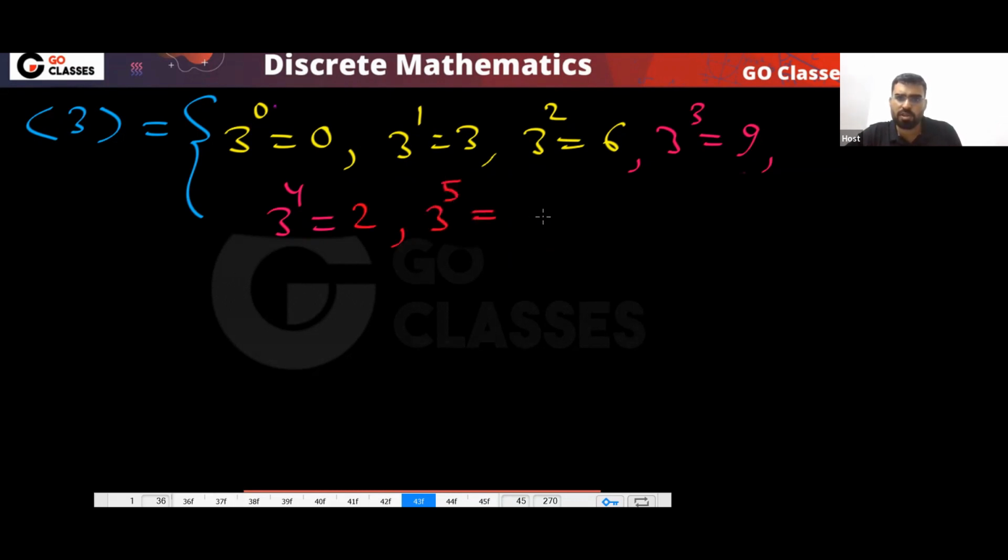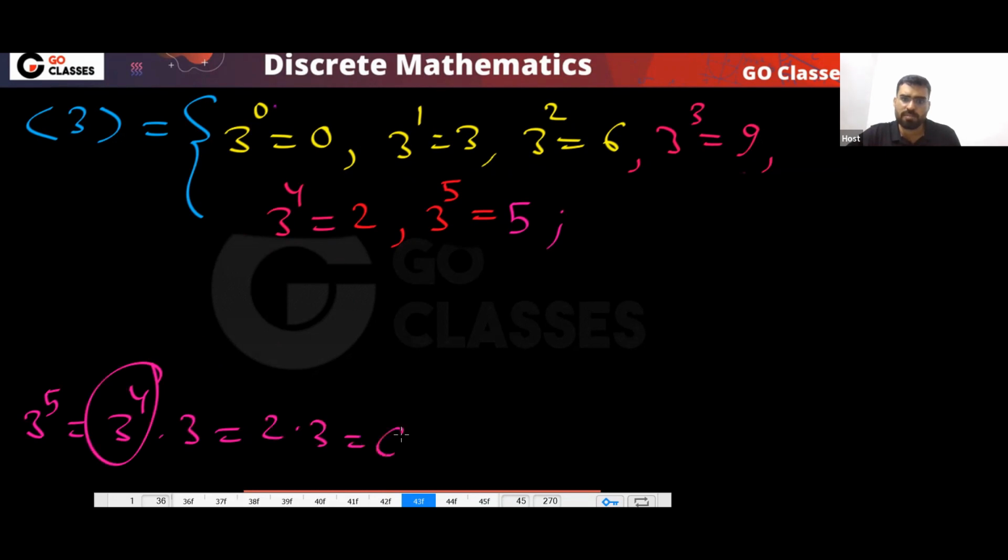Now 3 power 5, what is that? You already have 3 power 4. So 3 power 5 is 3 power 4 into 3. 3 power 4 is 2, so that is basically 2 plus 3 mod 10, so that will be 5.